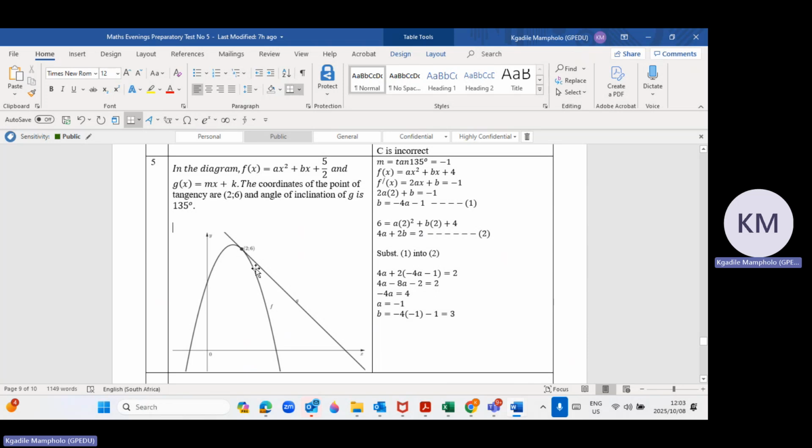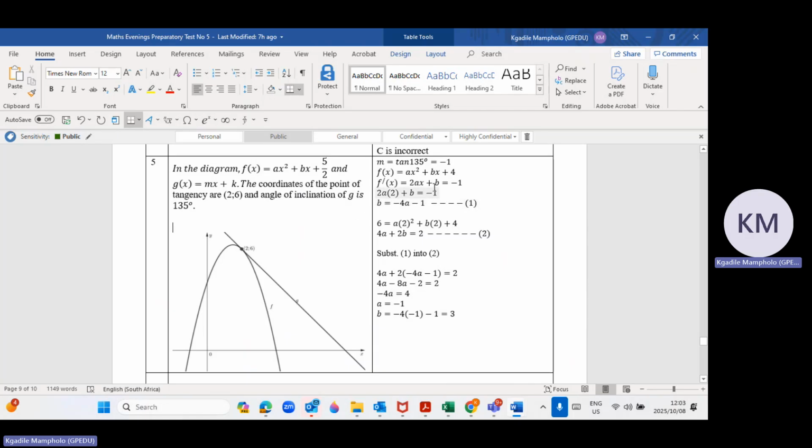Since we know the angle of inclination of this graph, we use it to determine the gradient of the linear function. The gradient will be -1. If the gradient is -1, it means here is also -1, because at the point of tangency the gradient is the same. We know that the gradient is the derivative.